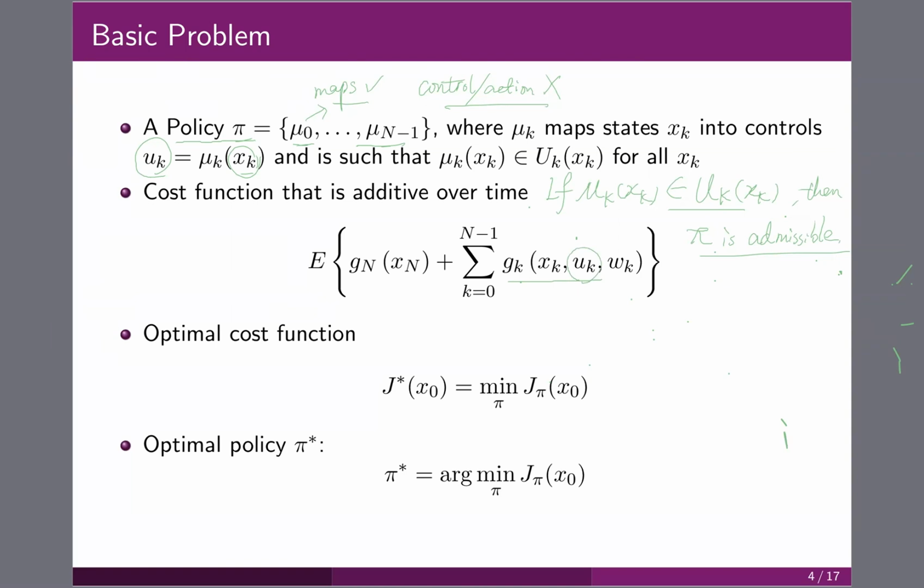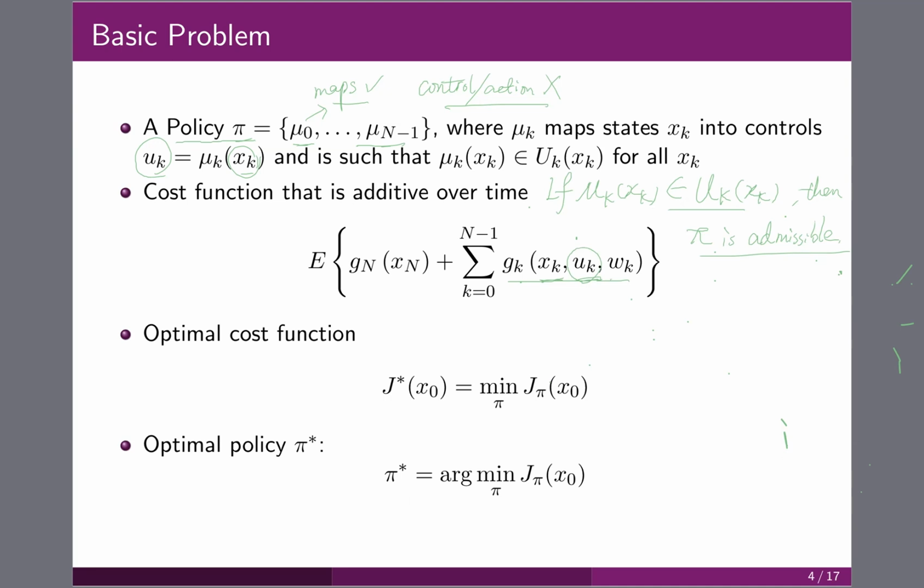So in general, we can define a cost at each stage. This cost is a function of xk, the current state, and uk, the control signal applied to the plant at time k.